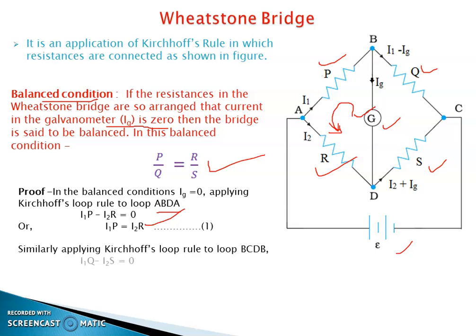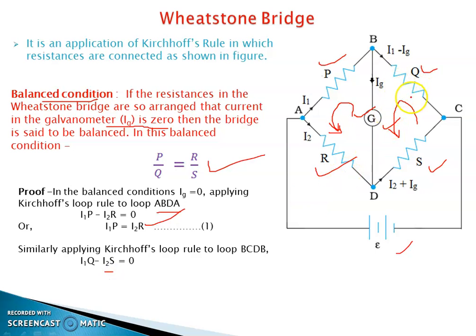For the second loop, this is the second loop. Again draw the arrow, right? Now I2 plus Ig. Ig is 0 for balanced bridge. It means I2S is in the direction of arrow, right? It means it should be taken as negative.